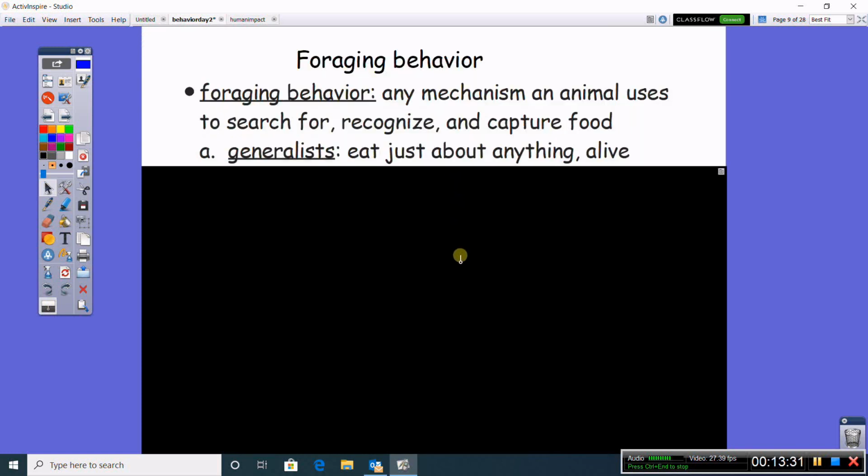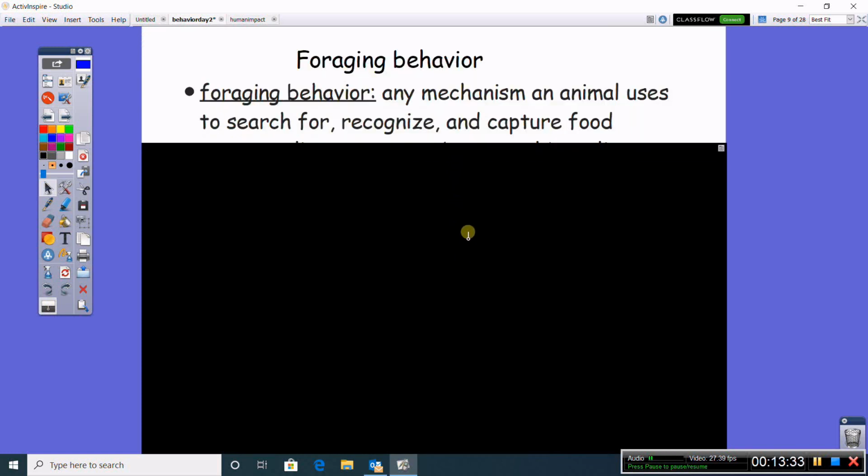All right, so let's talk about foraging behavior. When you forage, we tend to think of foraging as looking for food. This is any mechanism that an animal might use to search for, recognize, and capture food.